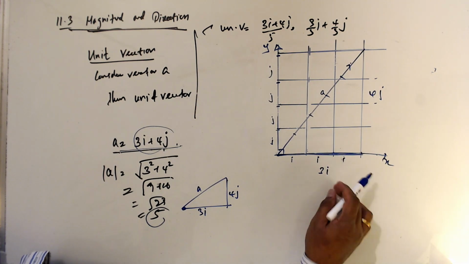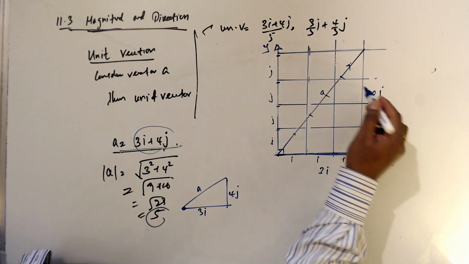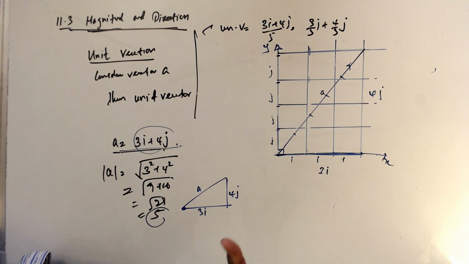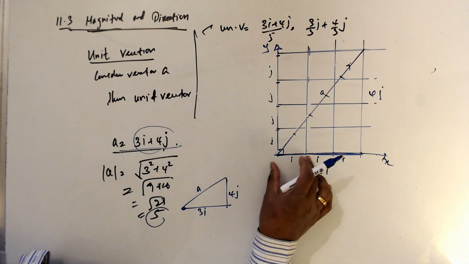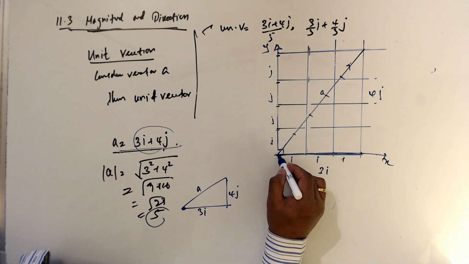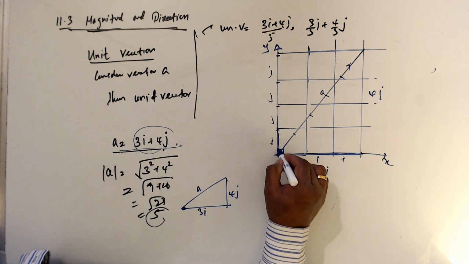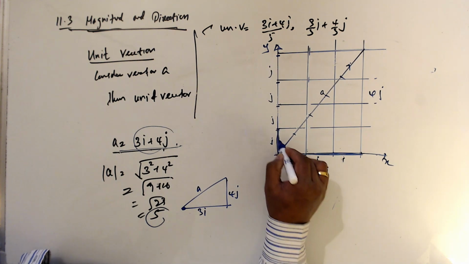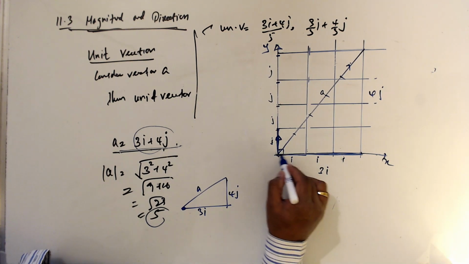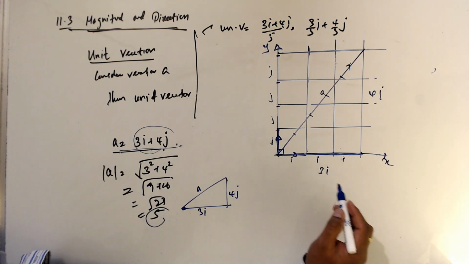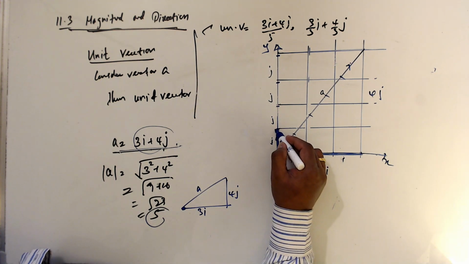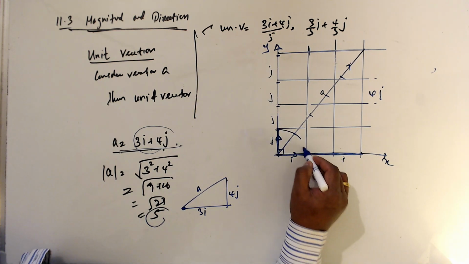That's why we get 3 squared plus 4 squared. 5 units, and that unit has to be the same in all directions. So basically this is the unit for this direction. This is 1 unit for this direction, we name j. This is 1 unit for this direction, we name it i. So okay, I will draw the unit circle.